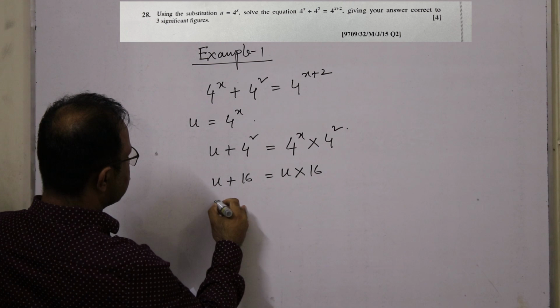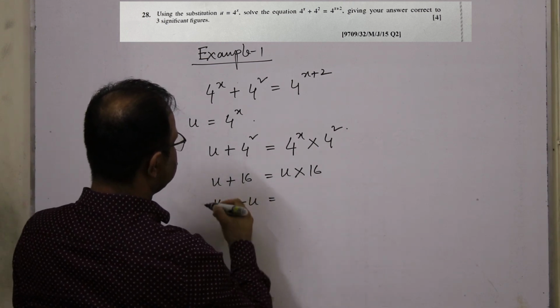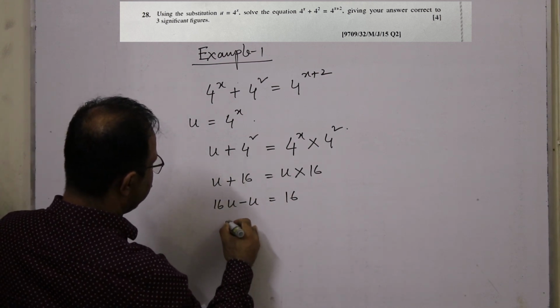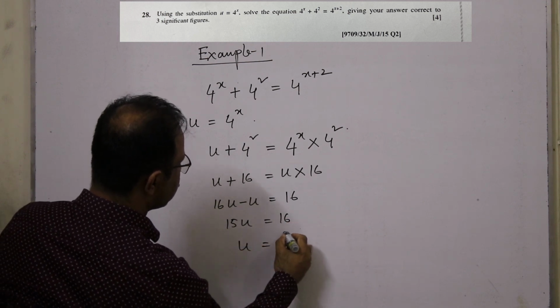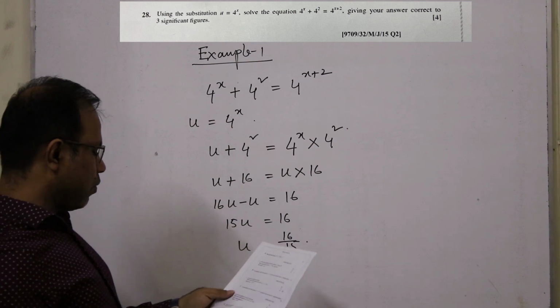So 16u minus u equals 16. That is 15u equals 16. u equals 16 over 15. So this is the value of u.